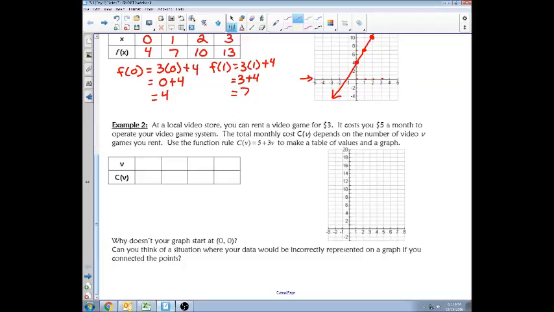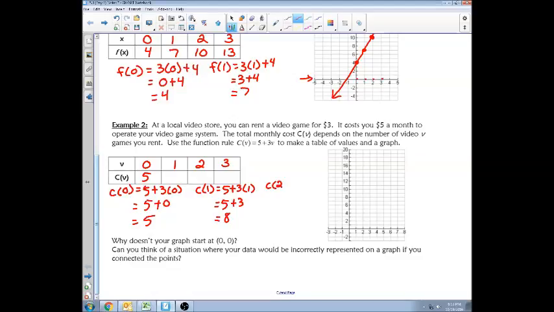Again, what I'm going to do is go ahead and use 0, 1, 2, and 3. So C of 0 will equal 5 plus 3 times 0, which would be 5 plus 0, which just in fact is 5. For C of 1, it would be 5 plus 3 times 1, 5 plus 3, which is 8.